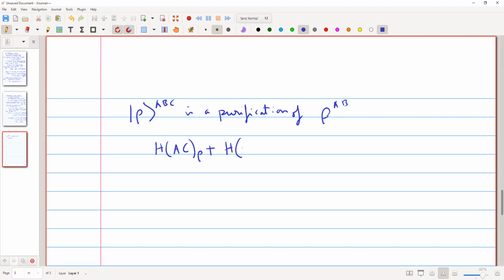H of, so this is larger than, so take A to be the common system, H of A, B, C plus H of A. Okay. So this is strong subadditivity.